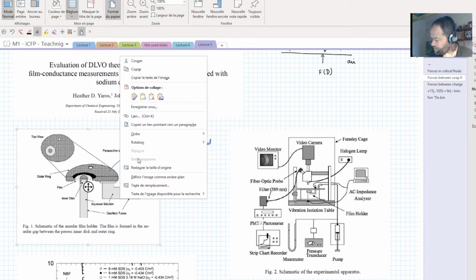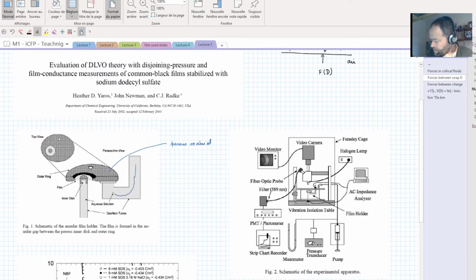So here you have water in all this porous material, and what you do is you form here a liquid film, and you put everything in a box, which allows you to control the pressure.